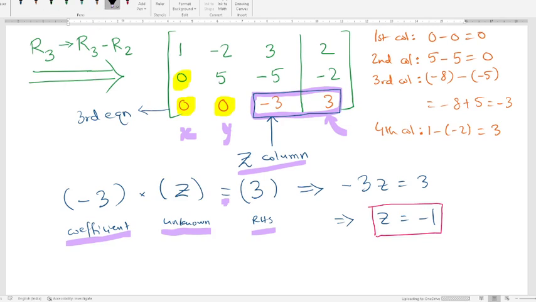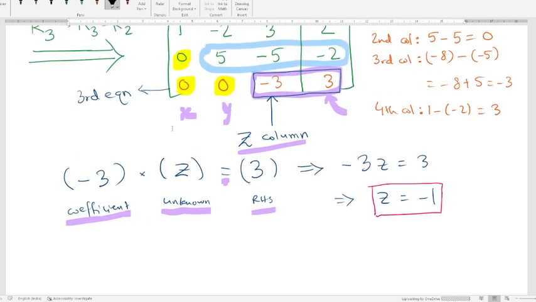Now, we'll do the same thing for the second row. In the second row, 5, negative 5 and 2 are the non-zero numbers, right? So we'll reconstruct the equation there. So what happens when we reconstruct the equation?